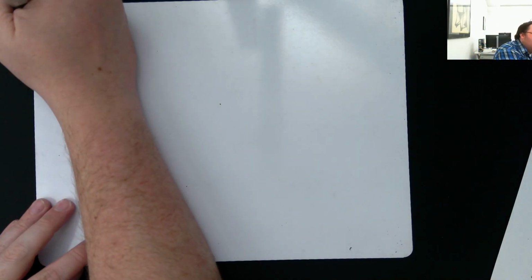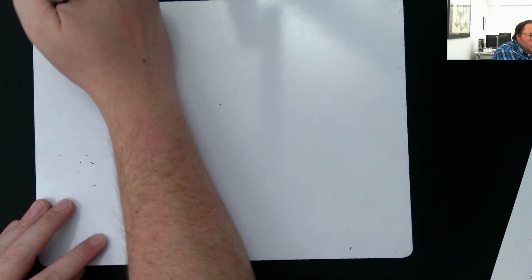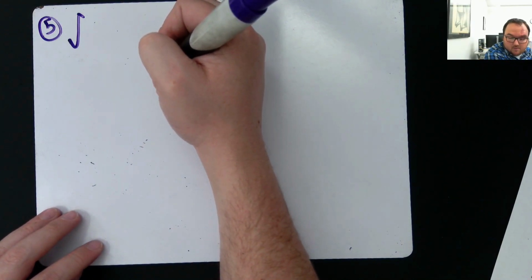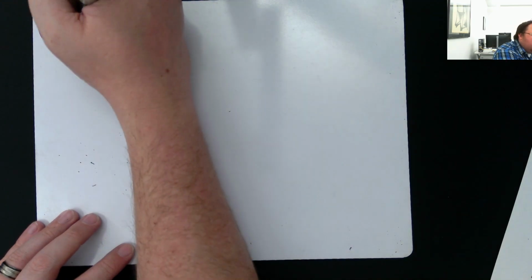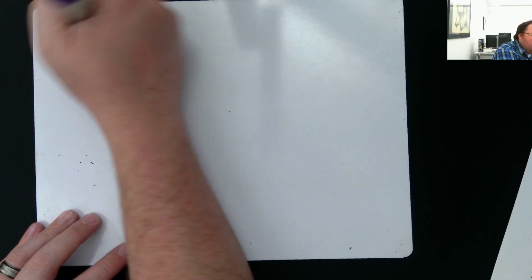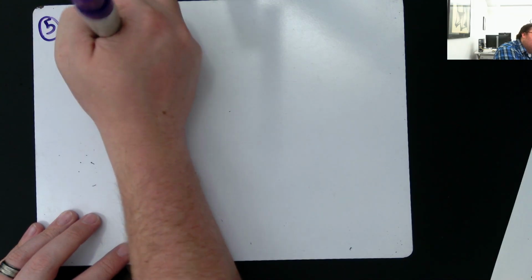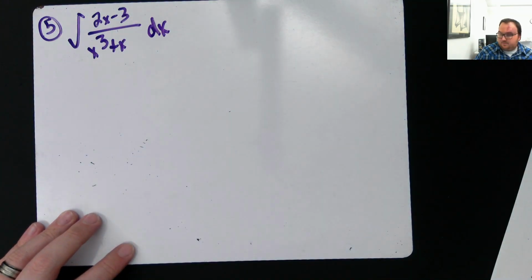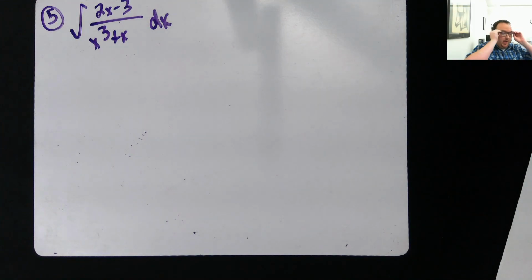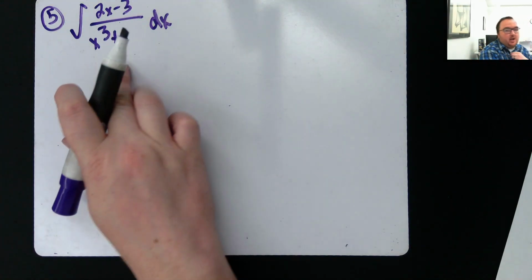Move on to example number 5. Integral of 2x minus 3 over x cubed plus x. All right, so just like we have done, we need to factor this out, right?